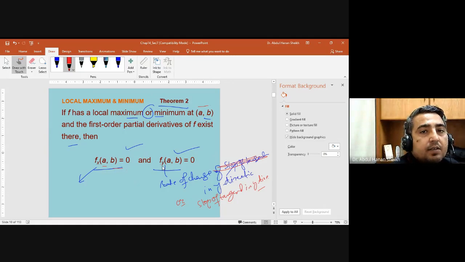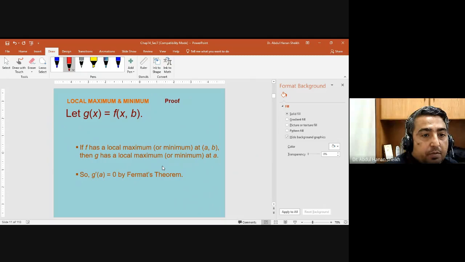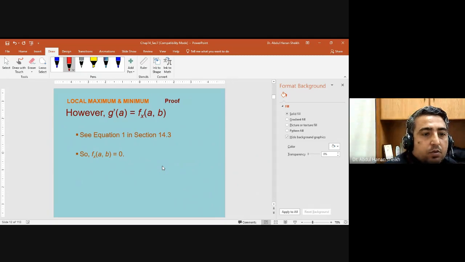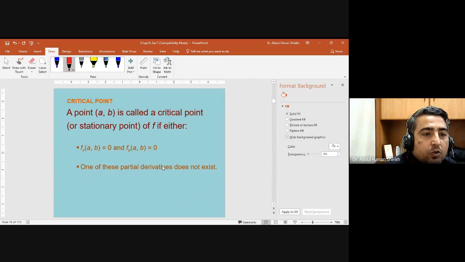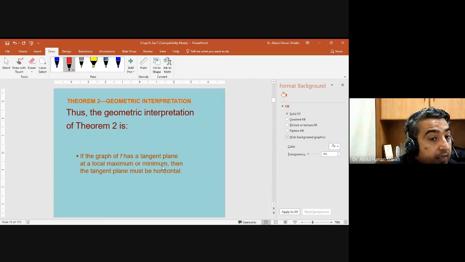There is another test or criterion to know whether the point is a maximum or minimum. All right, so this is the proof. I am skipping this, I don't think it is that important for you. And the geometrical interpretation I already explained.